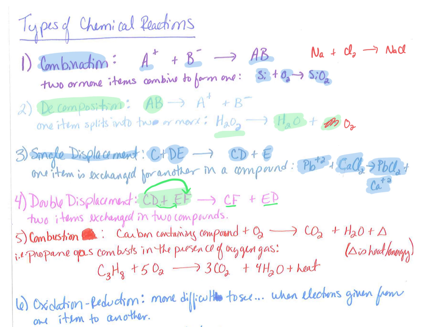The next type of reaction is a combustion reaction. So combustion is doing much of what you know combustions do. Combustion engine is what most gas-powered automobiles are running on.